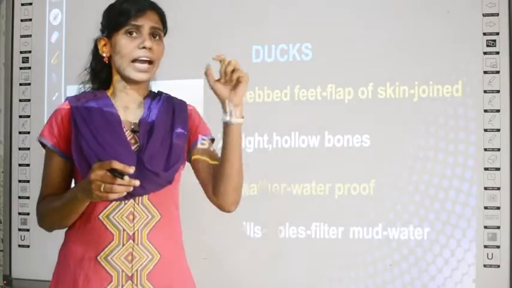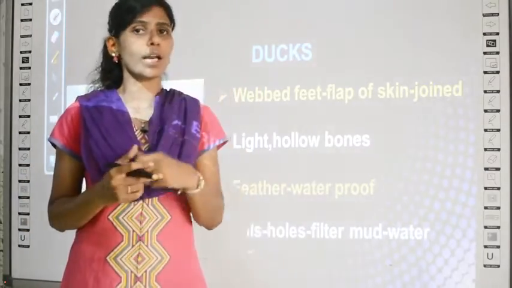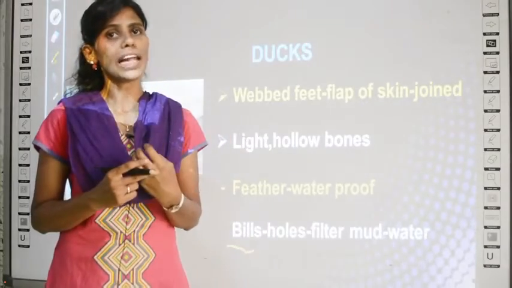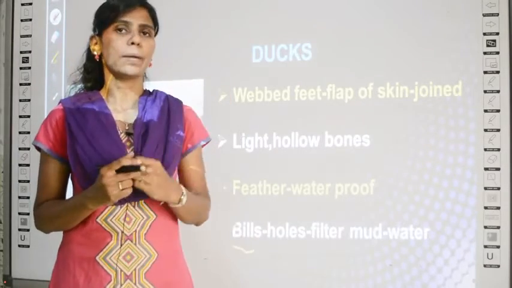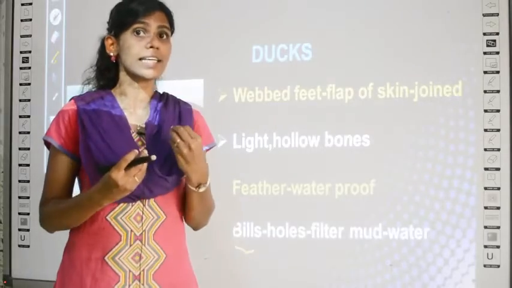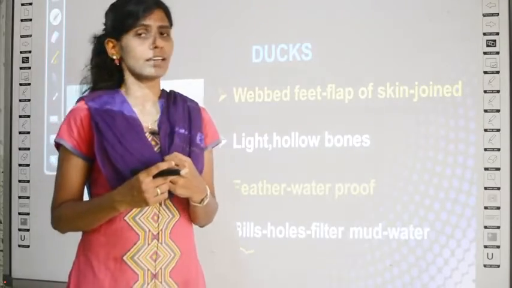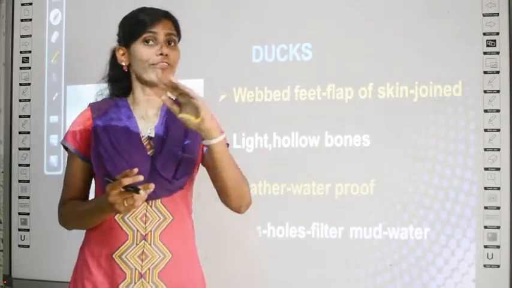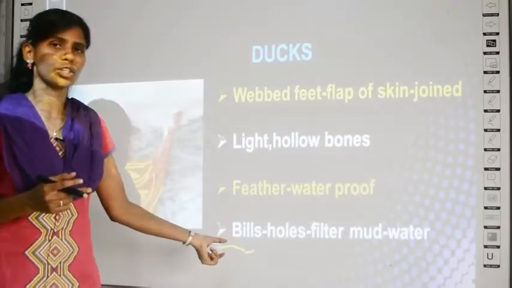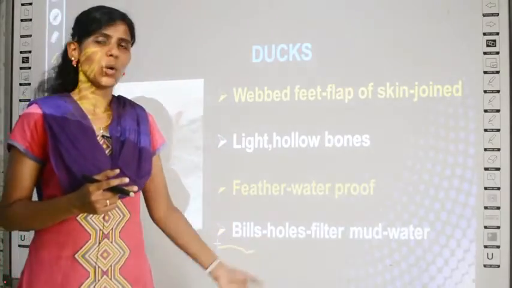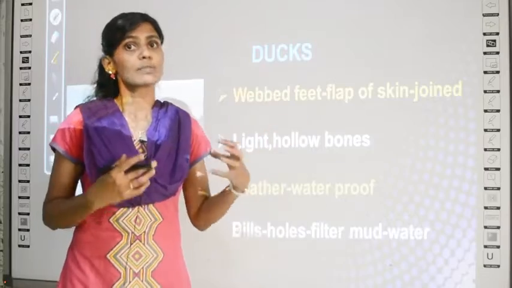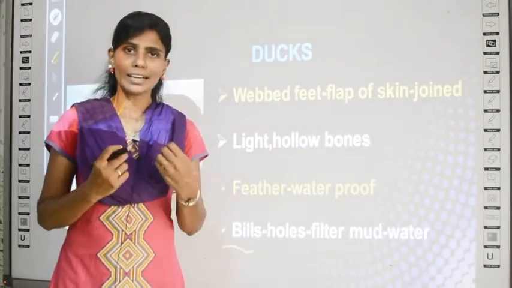On the beak they have a hole and that is called a bill. This hole helps them to filter the mud. So when they take in water accidentally, mud should not enter inside their body. For filtering that, they have a structure called bills, which are holes. So these are some of the special adaptations of ducks in water.